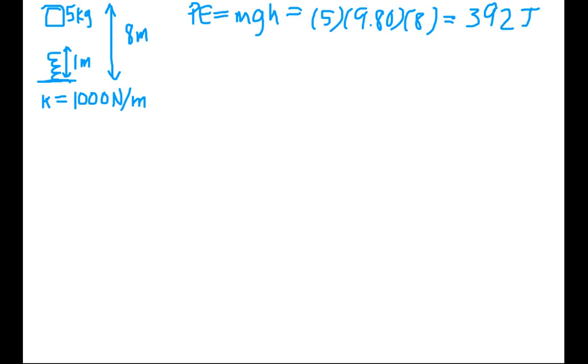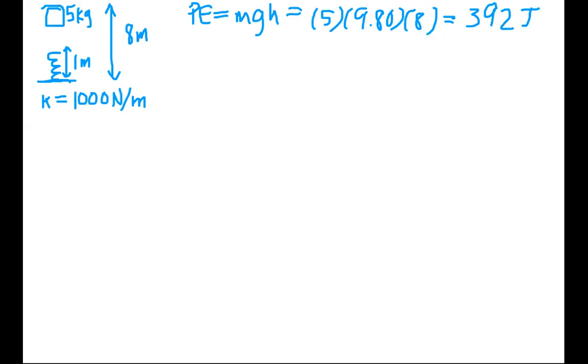Given that we want to solve for speed, what do you think our next step would be, Josh? We would need to transfer it. Well, it's asking for the speed right when it reaches the spring. So that would be when it's just potential energy and kinetic energy. Okay.